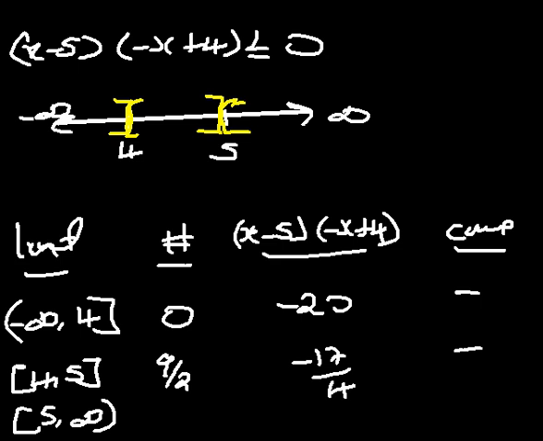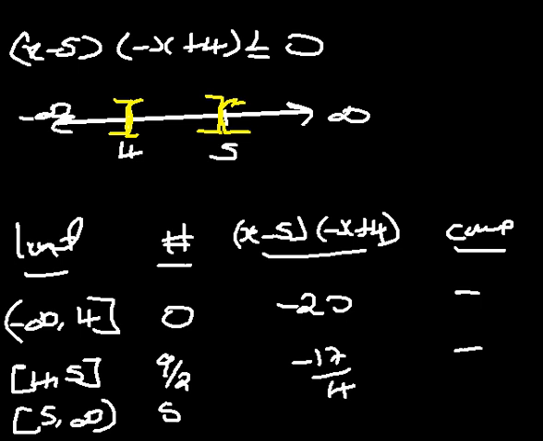By the way, 4 as well as 5 are part of the intervals, so we could have just chosen them. That could also be the way to go. But anyway, in this case, let's have 5.